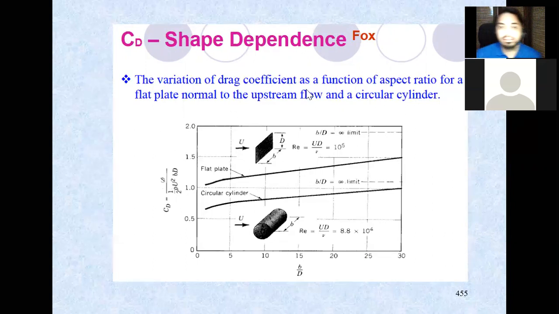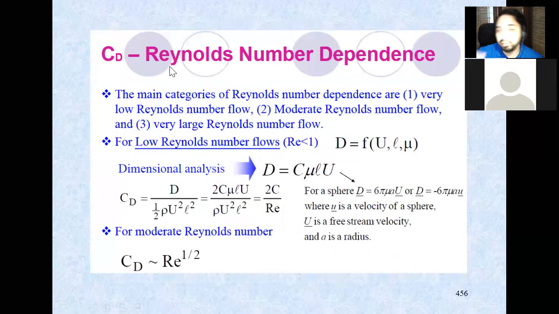Okay, let's continue. Another parameter that is important for the drag is the Reynolds number, as we can assume, because that reflects the viscous effect on the flow. So you can divide into very low Reynolds number, moderate Reynolds number flow, or very large Reynolds number flow.